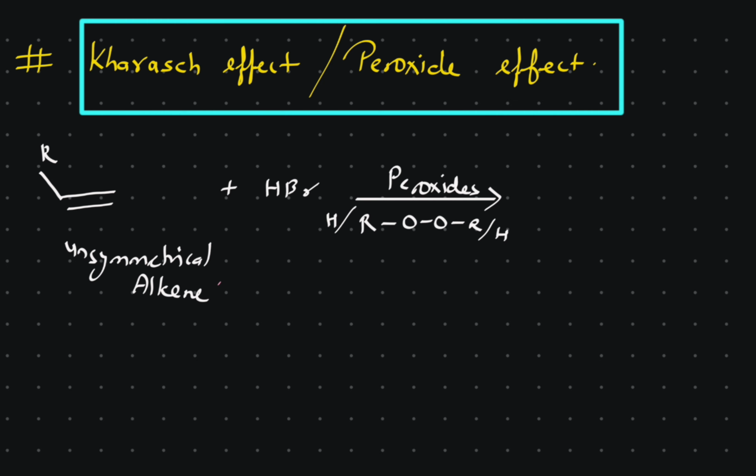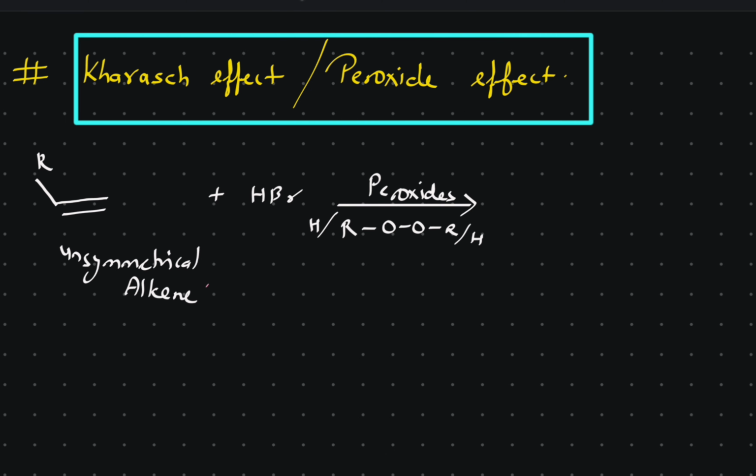So what product will we find here? In this reaction, the product which is formed is the anti-Markovnikov product. Why? Because in anti-Markovnikov addition, the nucleophile attacks where the number of hydrogens is higher on the alkene. As you can see in the substrate, there are 2 hydrogens on one carbon and 1 hydrogen on the other. So the nucleophile attacks where the number of hydrogens is high.